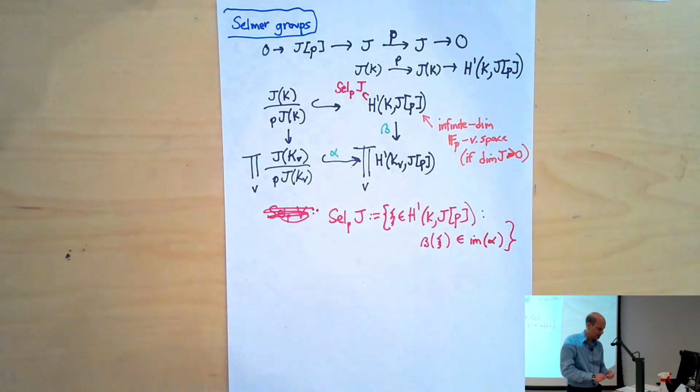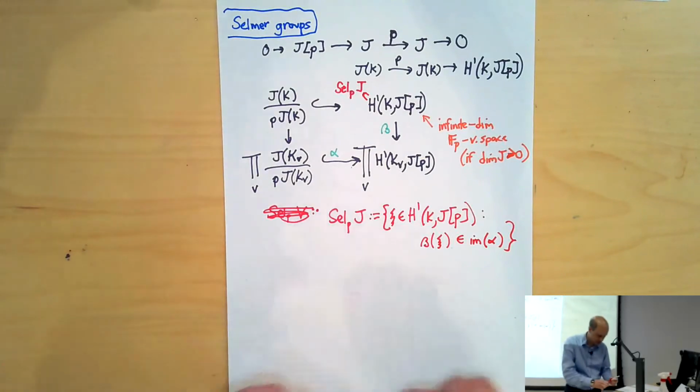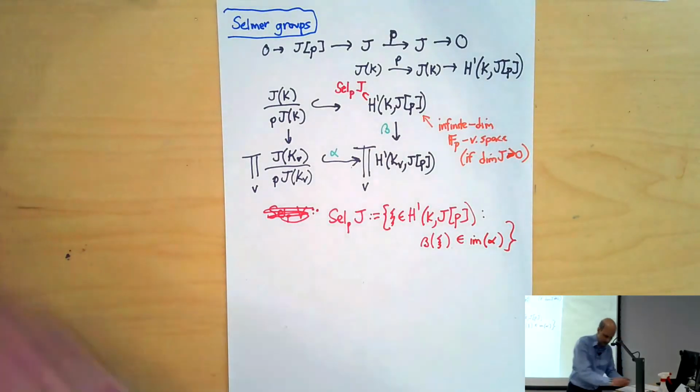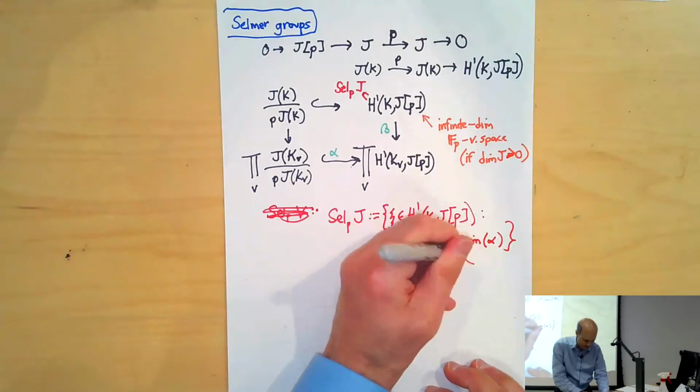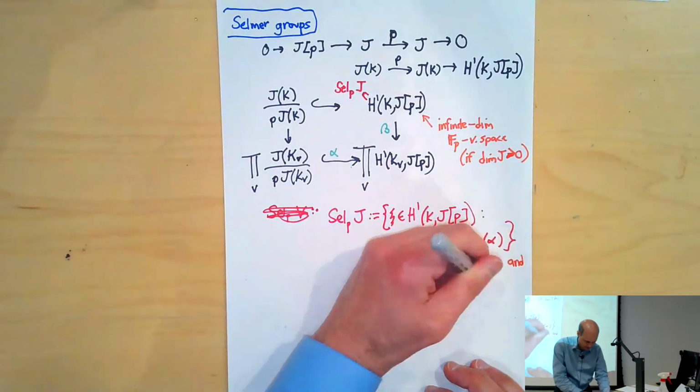And the whole point of this is that this group turns out to be finite, and even better, it's also computable, at least in principle.